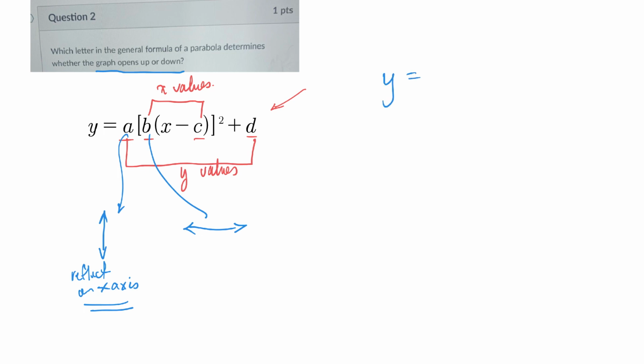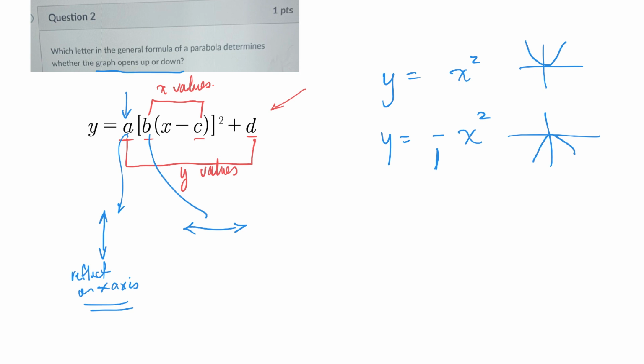So for example, if I have y is equal to x squared, that graph looks like that. If I have y equals negative x squared, and notice that that's out front, so that's in the A spot, the graph opens downward. So for this question, to know which letter determines whether the graph opens up or down, it's A.